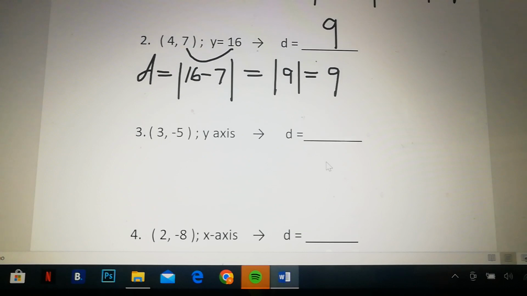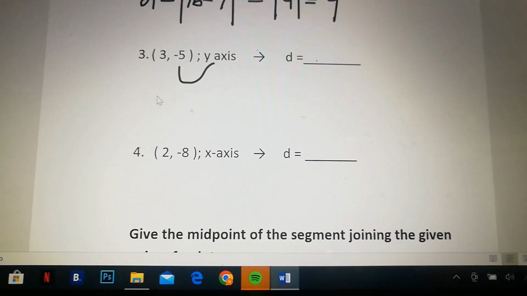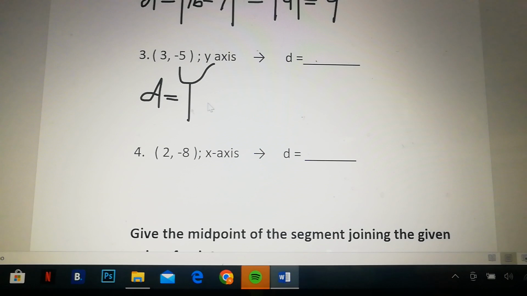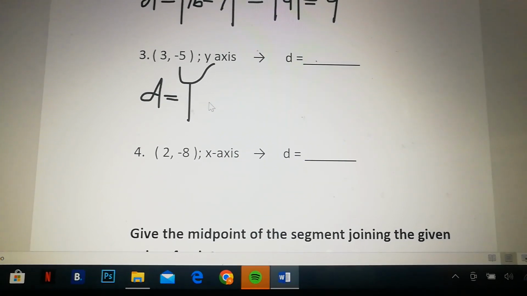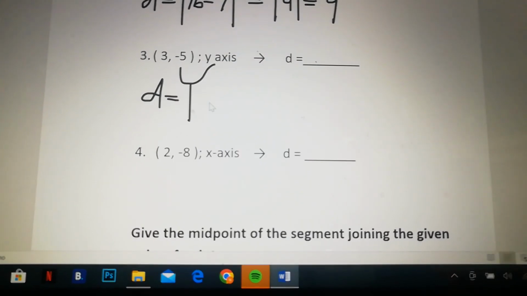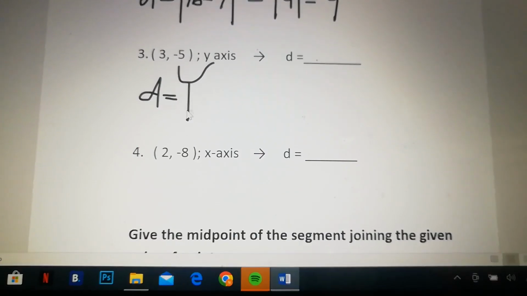Next, number 3, again y-axis, with the point having x equal to 3. If it is the y-axis, that is your x equal to 0.